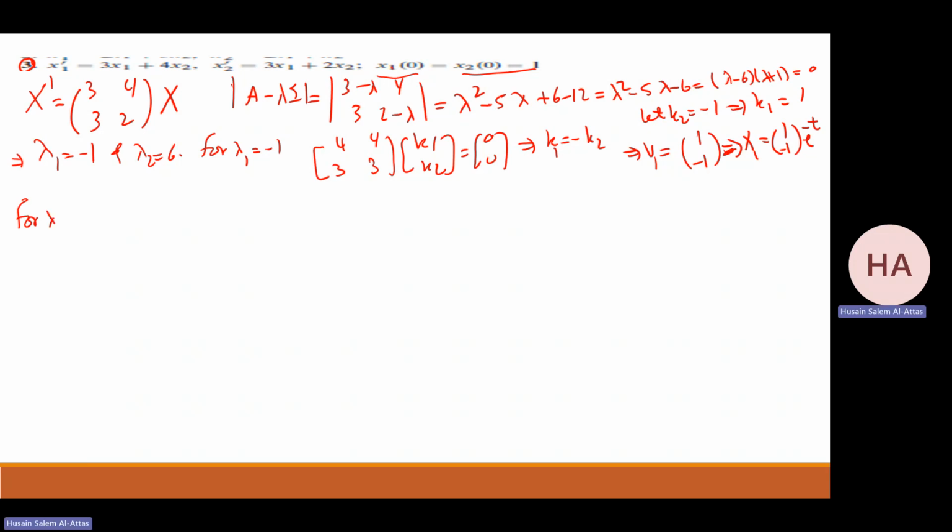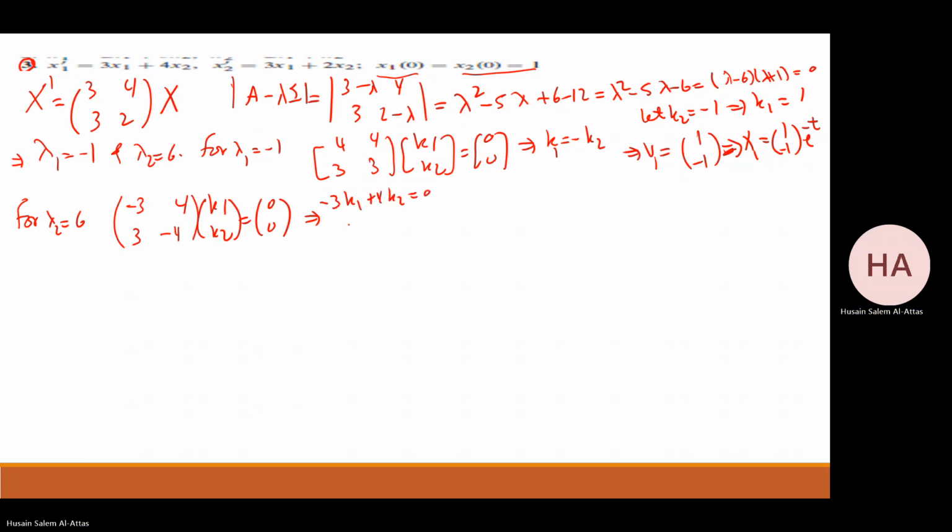Now for lambda 2 equals 6, what I have, 3 minus 6, that will be minus 3, 4, 3, 2 minus 6, that's minus 4, times k1, k2 equals 0, 0. So I have actually one equation, which is the same if multiplied by minus 1.